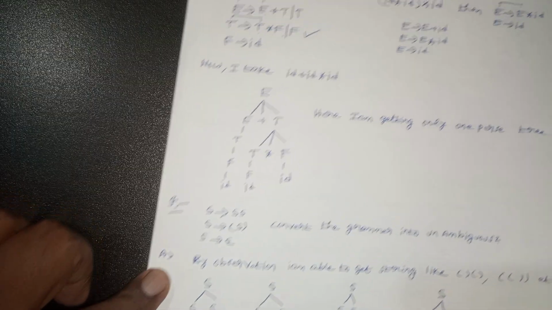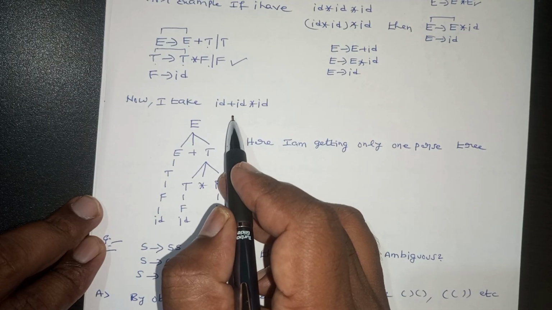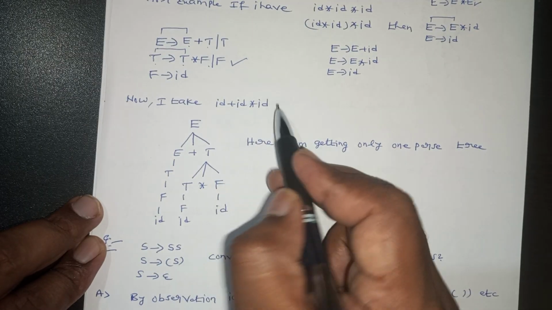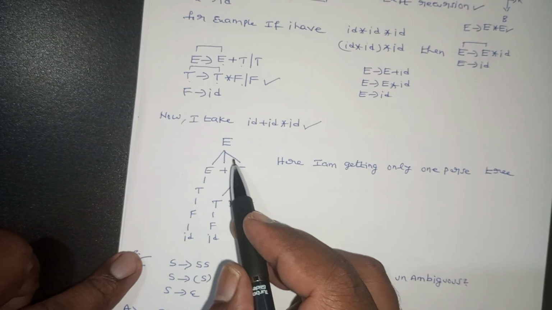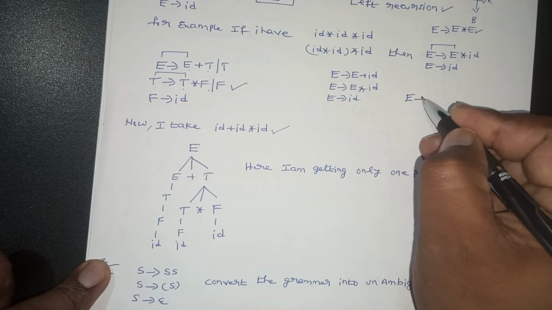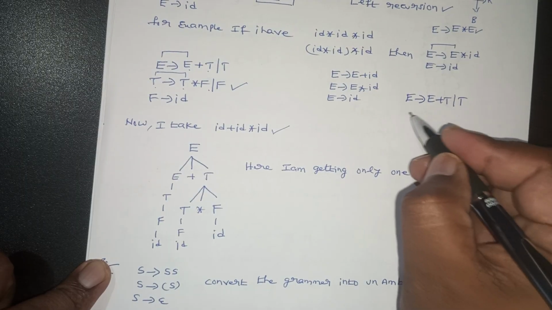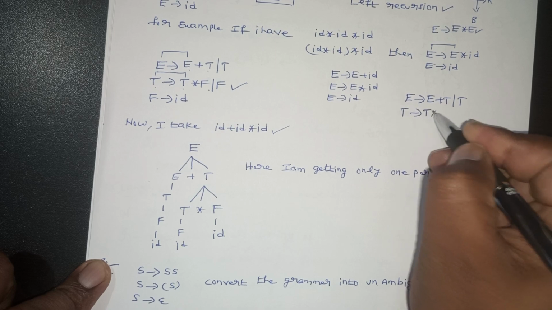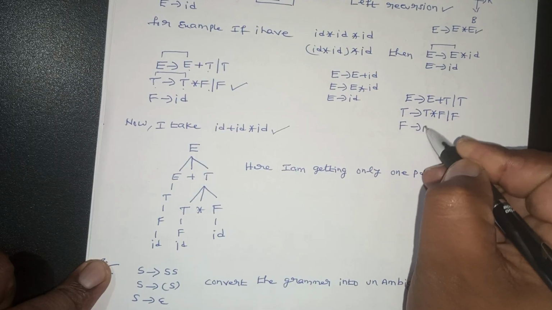Now I will take an example: id plus id star id. Now for this I am generating the tree. So first, I'm writing here one more time: E tends to E plus t, t tends to t star f, f tends to id.